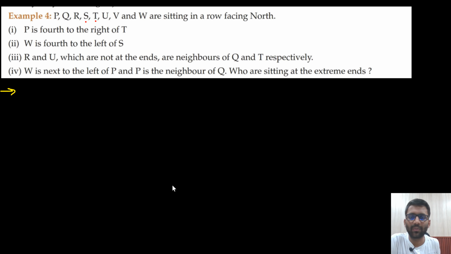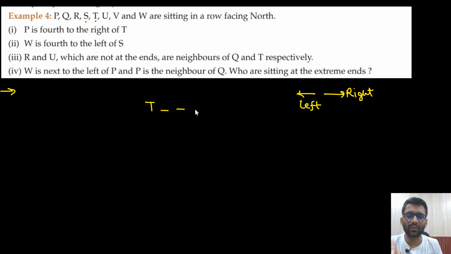P, Q, R, S, T, U, V, W are facing north. Okay. P is fourth to the right of T. Right of T. Fourth. 1, 2, 3, fourth. Sorry, this is not right. This direction is right and this direction is left.